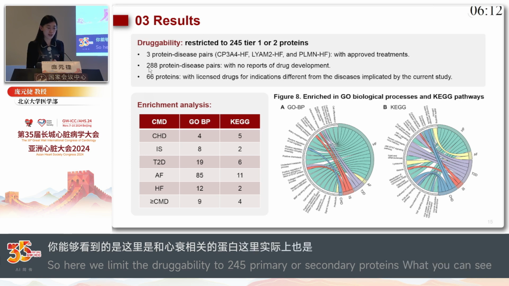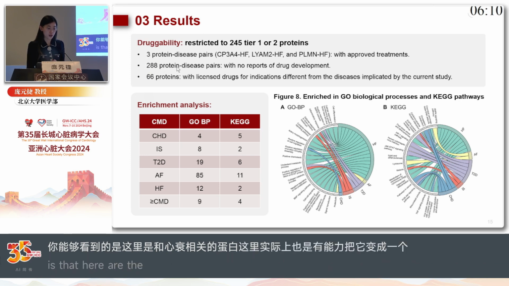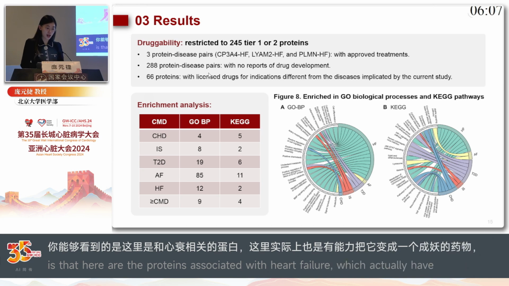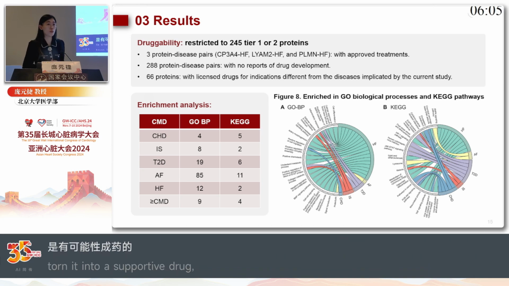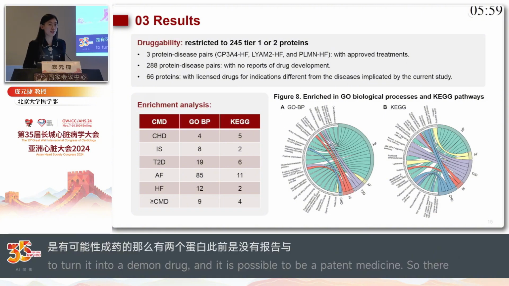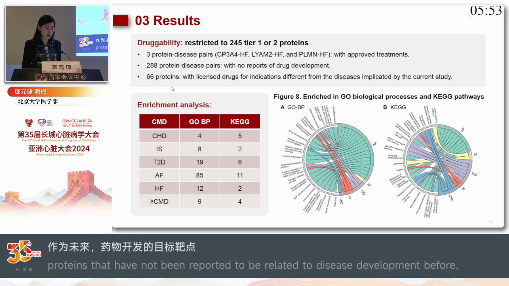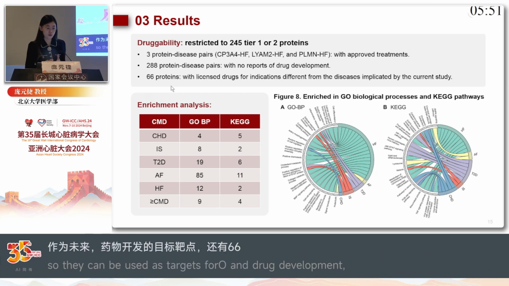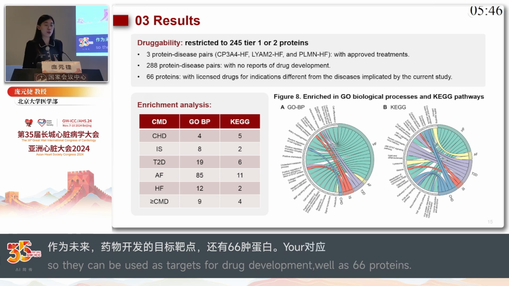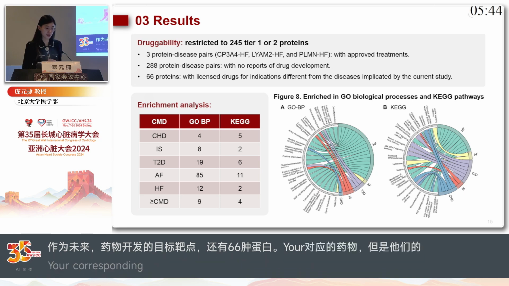Also, 288 protein-disease pairs had no reports of drug development. This suggests that these proteins might be candidate targets for future drug development. And also, 66 proteins had licensed drugs for indications different from the diseases implicated by our current study. This suggests opportunity for drug repurposing.